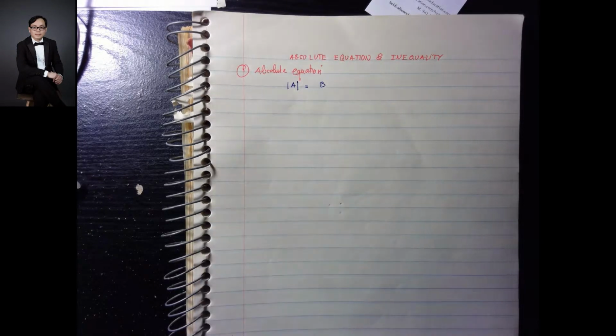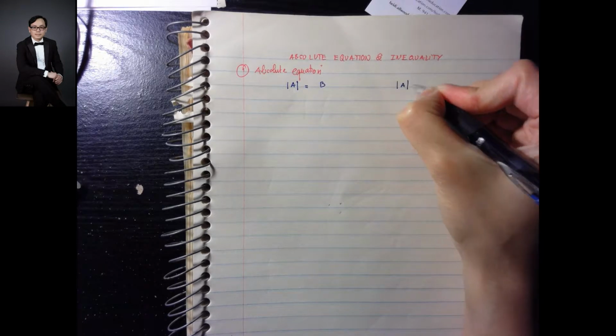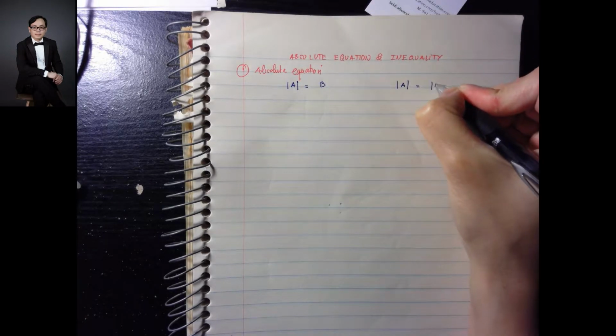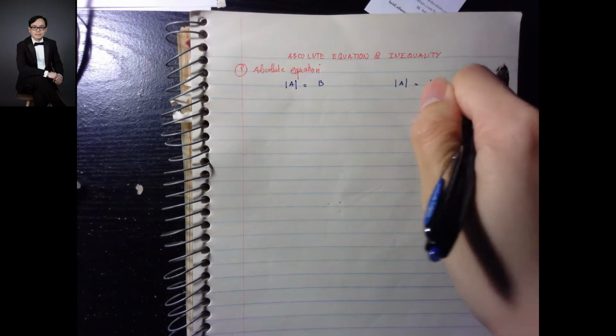This absolute equation contains one pair of absolute bar. Sometimes it has two pairs, sometimes it's like this. Right now we're just focusing on how to solve absolute equations that will be in this form or in this form.